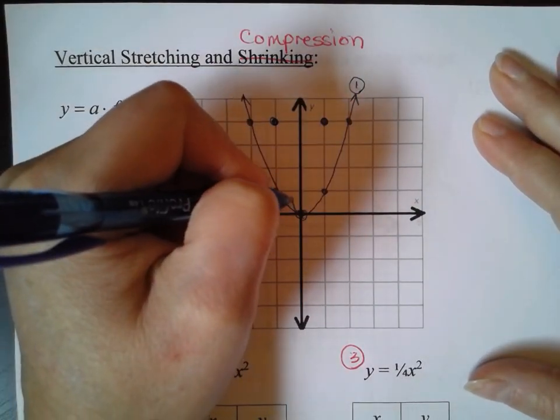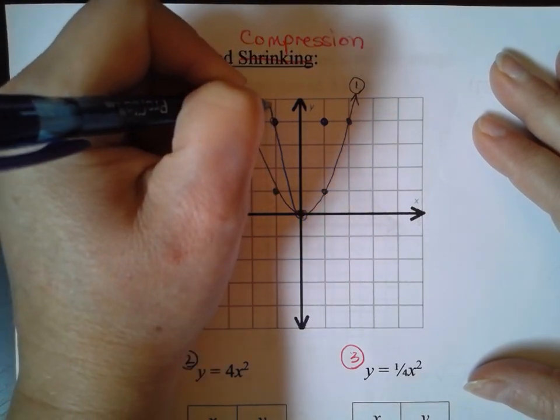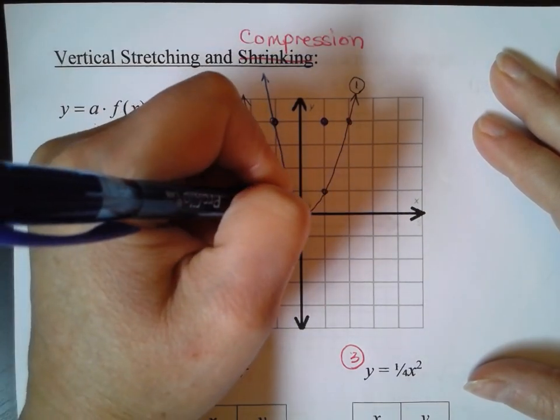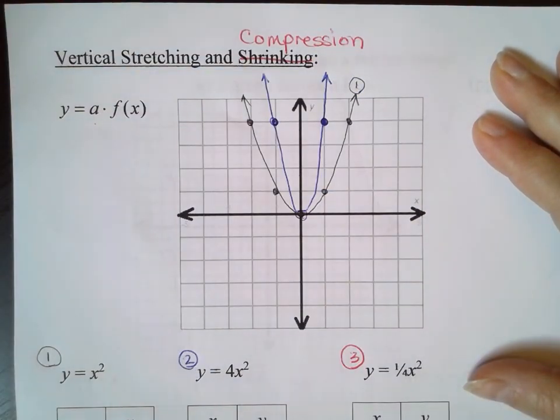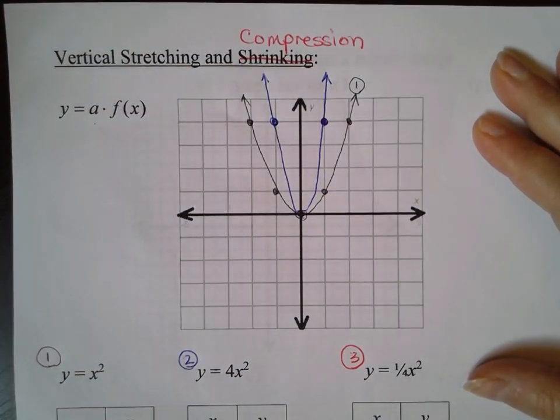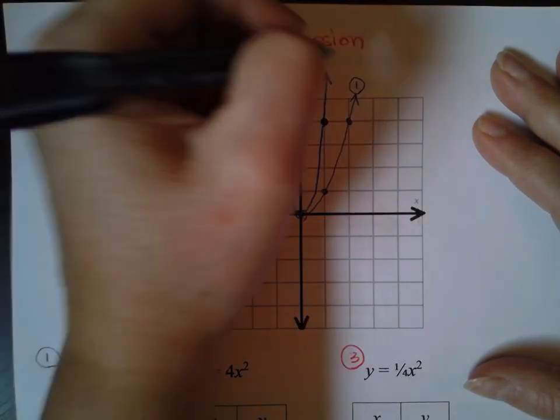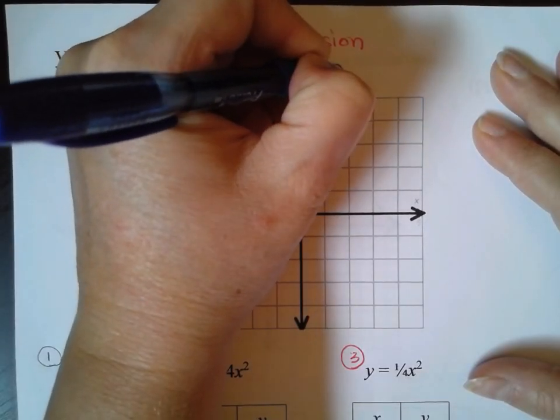So hopefully you can see by multiplying by a number that was larger than 1, 1 would be like what we have in the standard graph. By multiplying by 4, I get a parabola shape that is a little bit skinnier, and it's been stretched upward, stretched vertically.